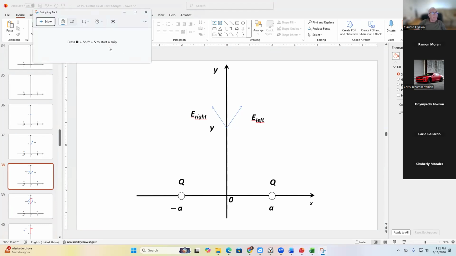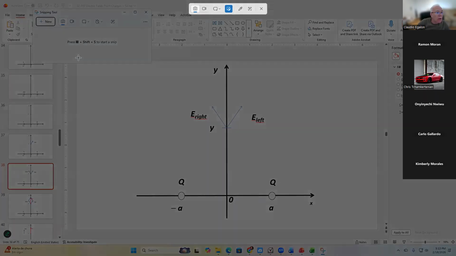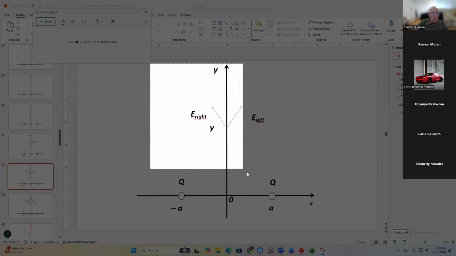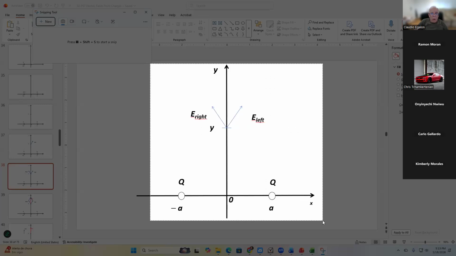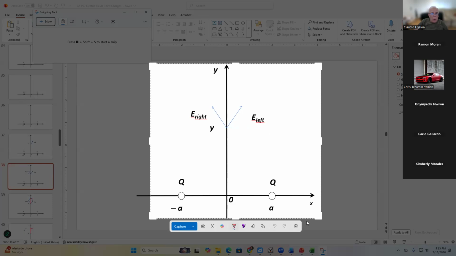To start a snip, press what? Windows, Shift, S. Let's see if it works. Control Enter.